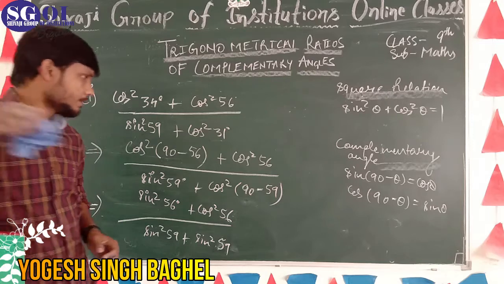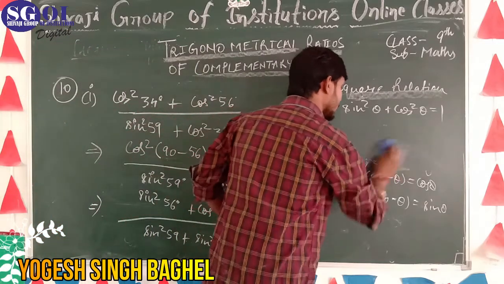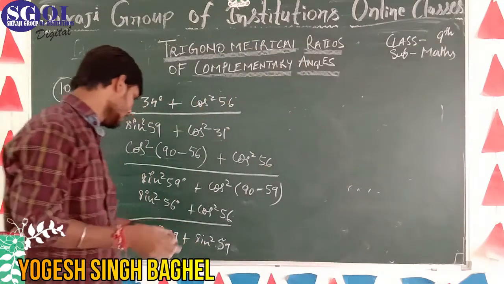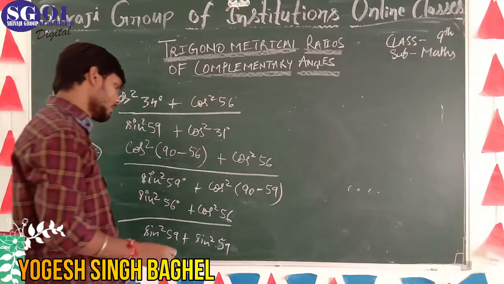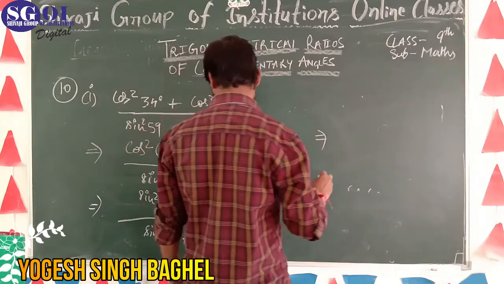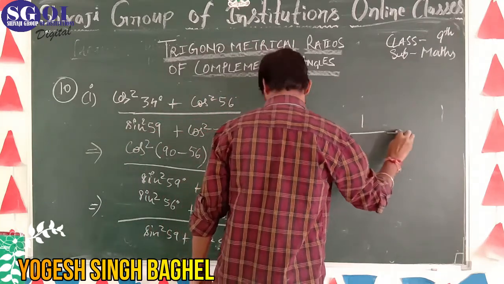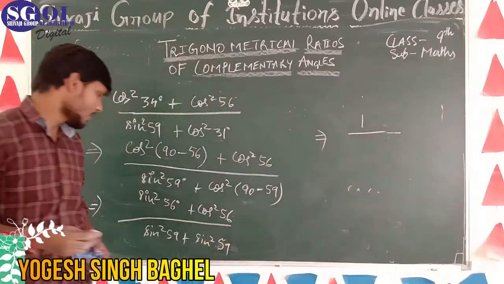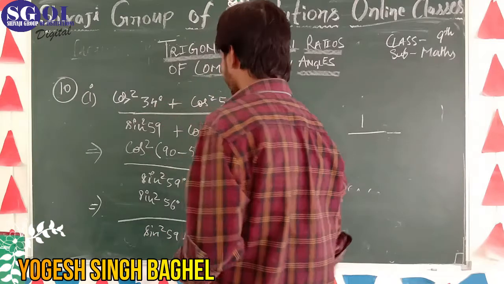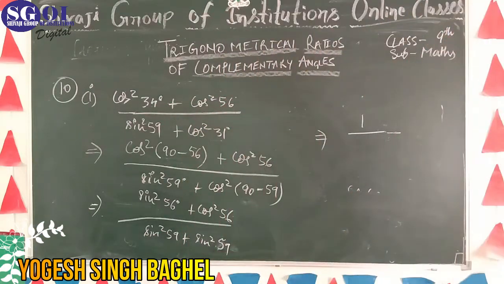Now see, sin square 56 plus cos square 56, sin square theta plus cos square theta, comes 1 upon sin square 59, and plus sin square. Wait a minute, let me see.